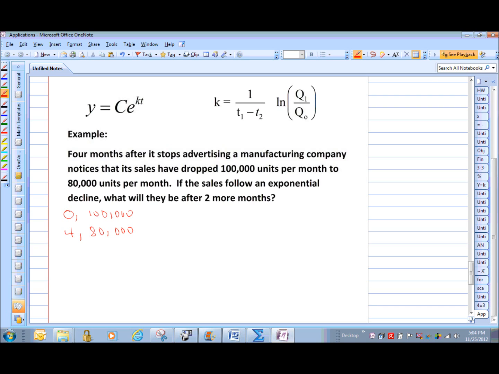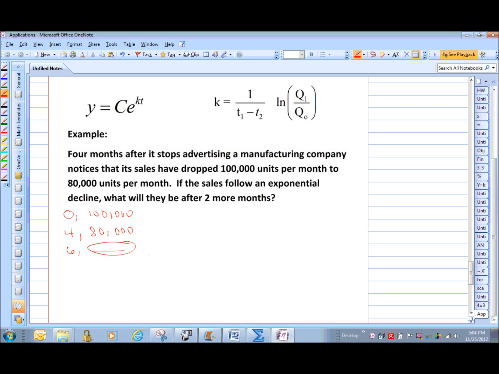The sales were 100 and now 4 months later they're down to 80. And now what we want to know is what will happen after 2 more months. So from 0 months to 2 more months after the 4, that would make us at 6 months. What would our sales be?